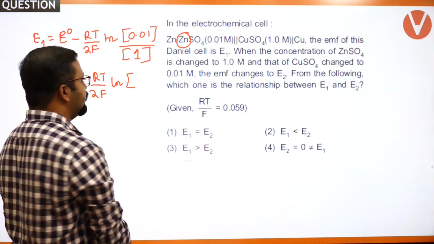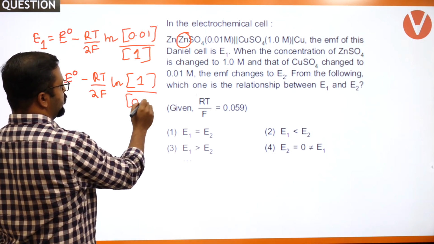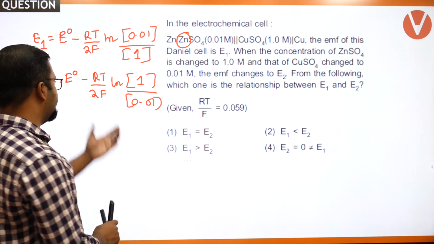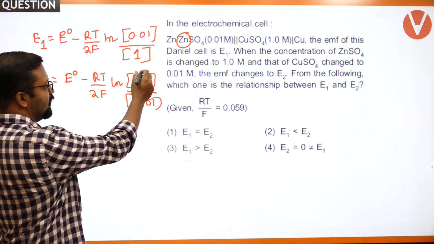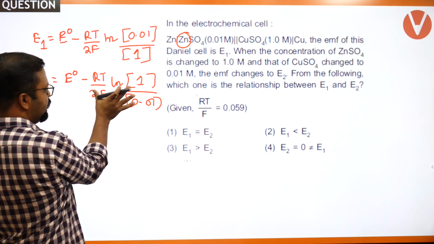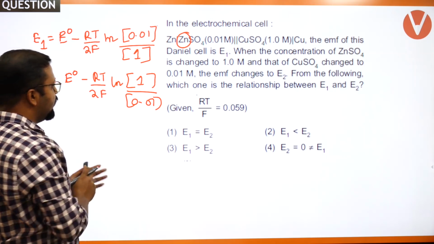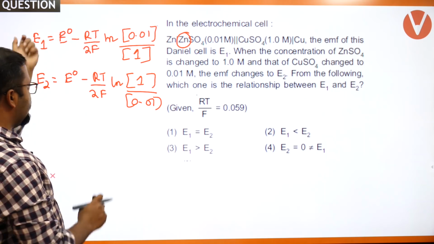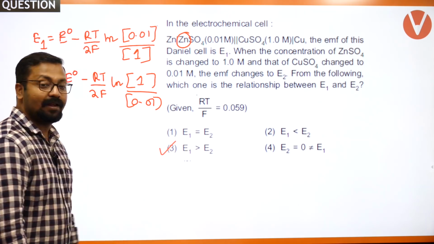Zinc sulfate oxidized is 1 and below it is 0.01. So this will be multiplied with 100 and this will become a smaller value. Here if we remove the decimal, we will write 100 here. So this will become a larger value. This will be a smaller value. If this is large, then E2 is small. If this is small, then E1 is large. The right answer should be third. E1 should be greater than E2.